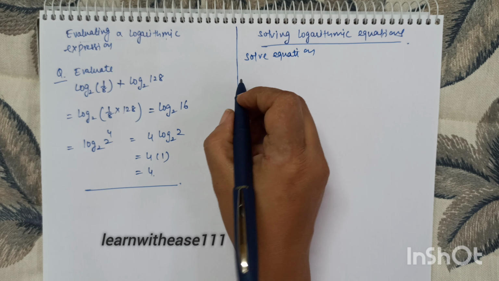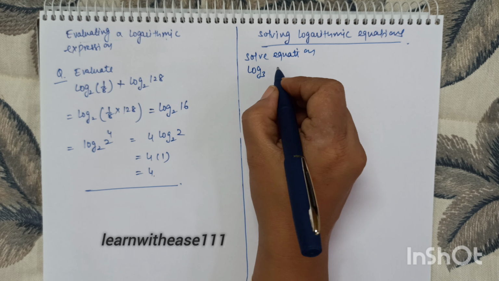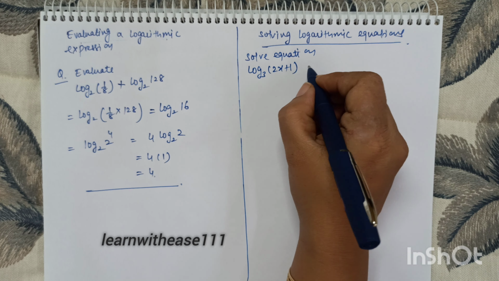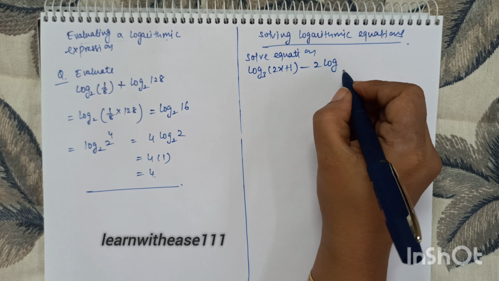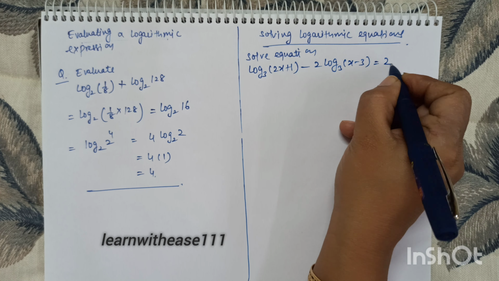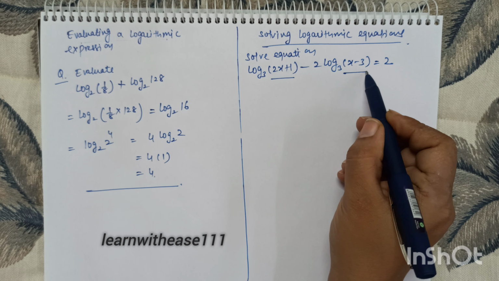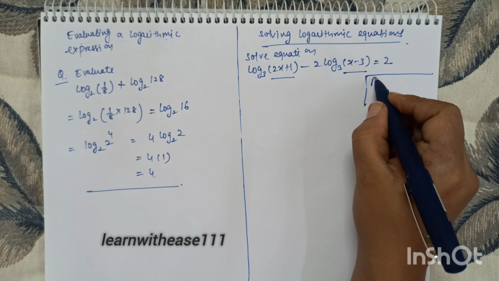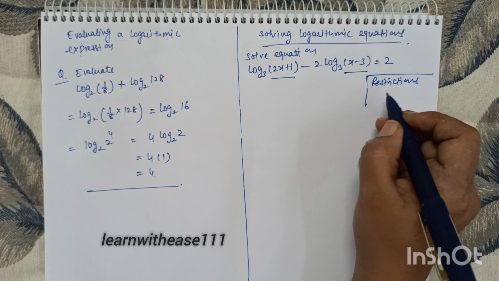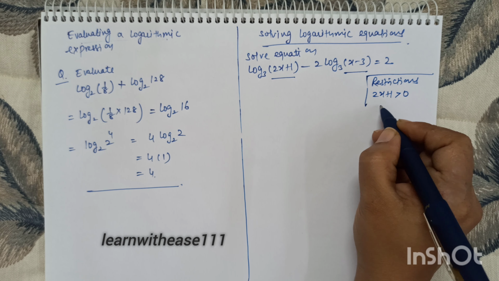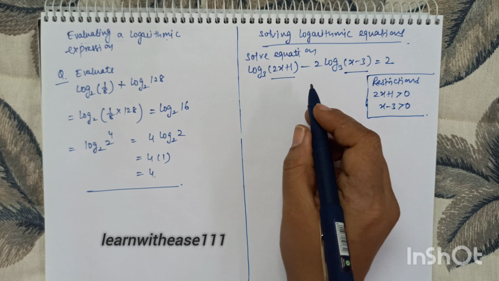Solving an equation containing log. We need to consider here that log is defined for positive values only. So whenever there is an equation to solve, we have some restrictions that the values on which log is defined have to be positive. 2x plus 1 here, x minus 3 here, both should be positive.